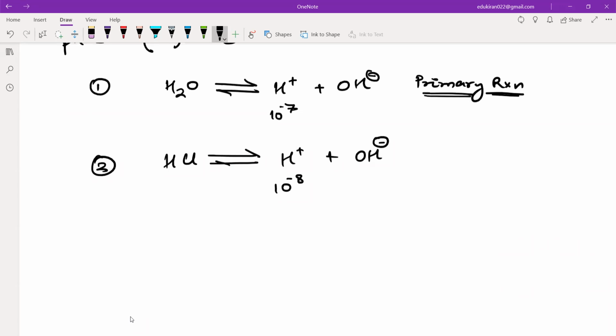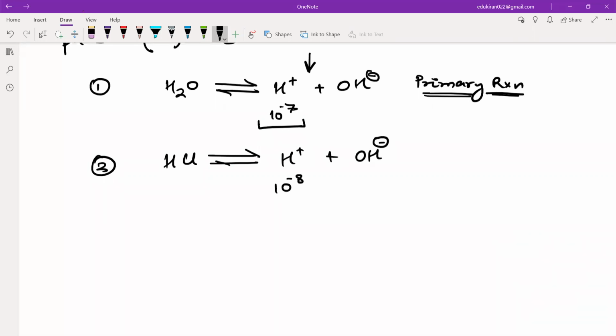Now we have water in which we have H positive and OH negative. H positive is 10 to the power minus 7 molar, and then I am adding to it 10 to the power minus 8 molar of H plus ions. So I'm adding something to the product. Now, if we add something to the product, what will happen?